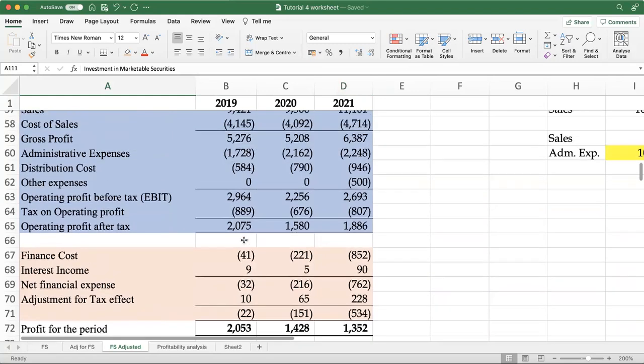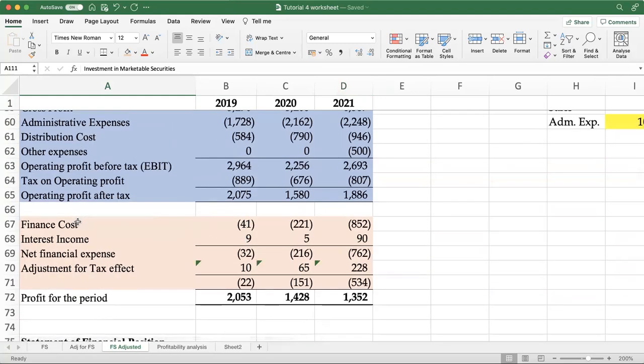In the income statement, you have finance costs and finance income, interest income.